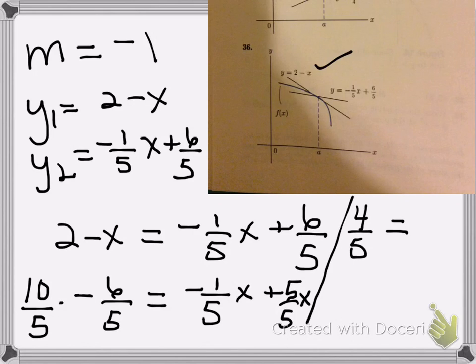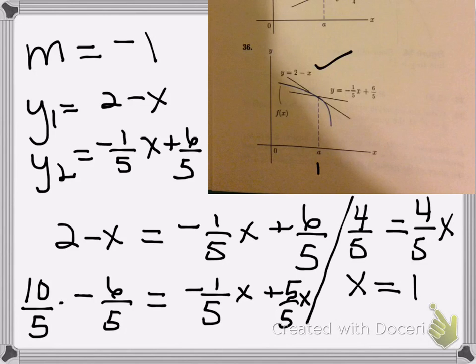So then don't I have negative 1/5 x plus 5/5? Isn't that positive 4/5? So this is 4/5 x, and for 4/5 x to equal 4/5, x has to equal 1.